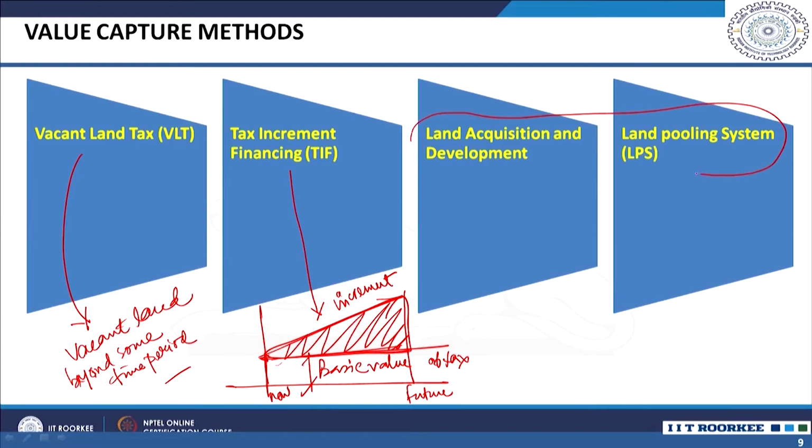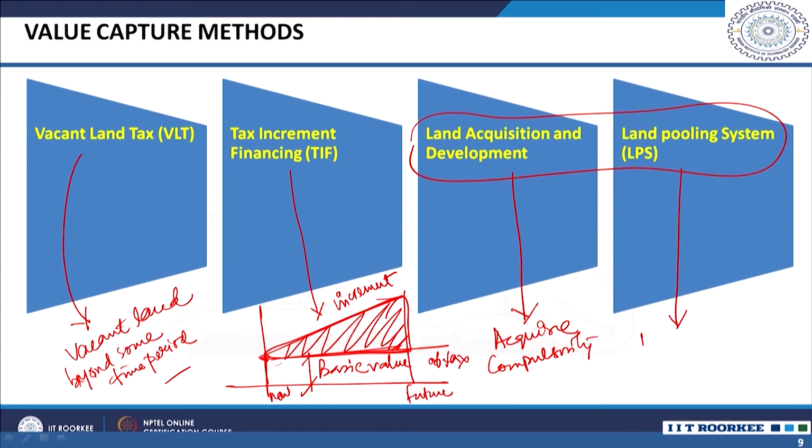Then we have land-based tools, how we assemble the land. We discussed thoroughly the land pooling scheme and land acquisition both. In land acquisition we acquire land compulsorily, and in the land pooling scheme we pool land, we develop, and then it is shared.